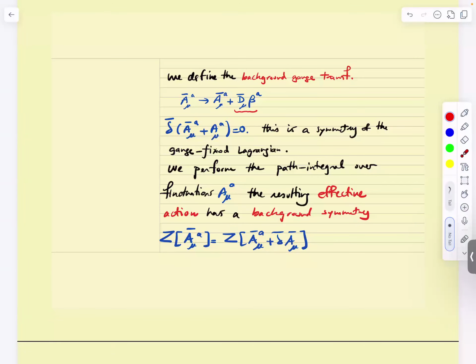This functional had better not care about the background gauge field transformations, because the only thing that's physical is electric and magnetic fields, right? So that's what this statement is. What we just went through is a non-abelian version of that. Any question? Does that help? Yeah. Thanks. Okay.